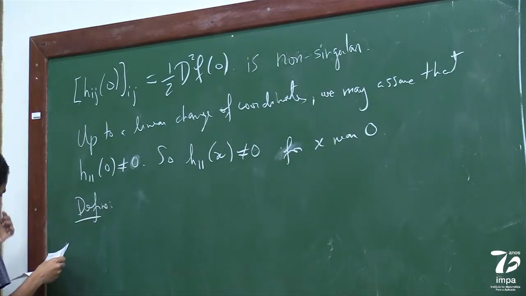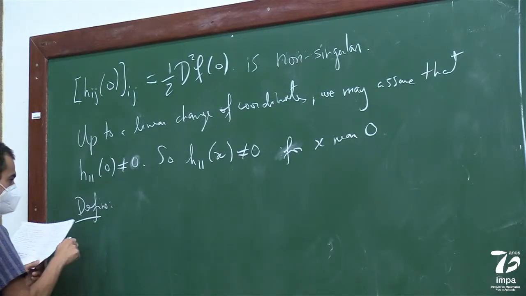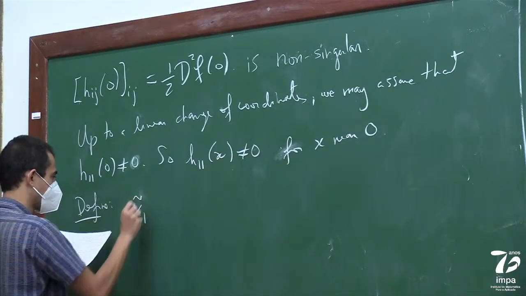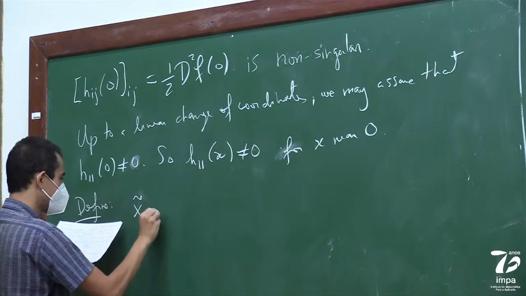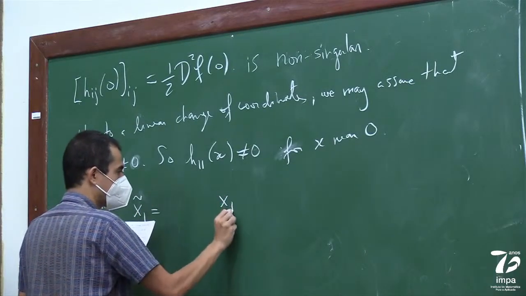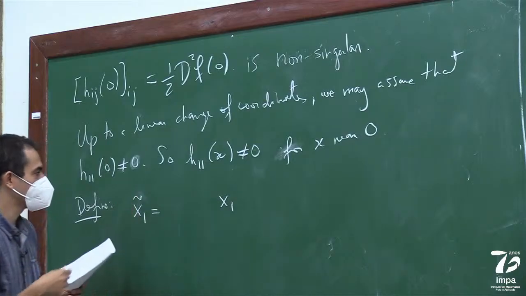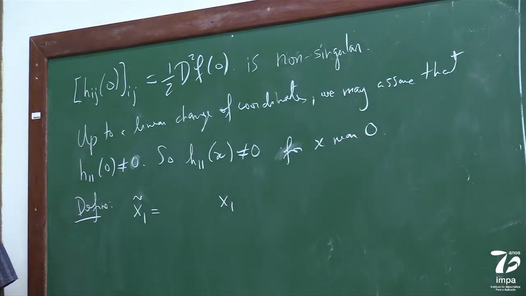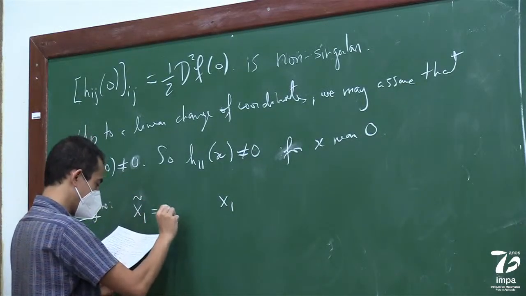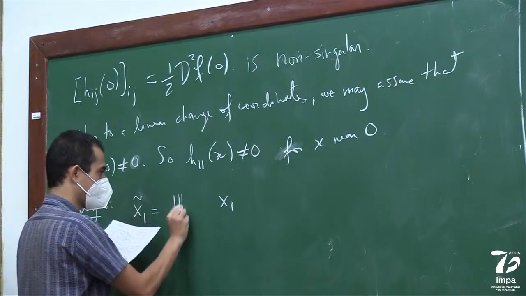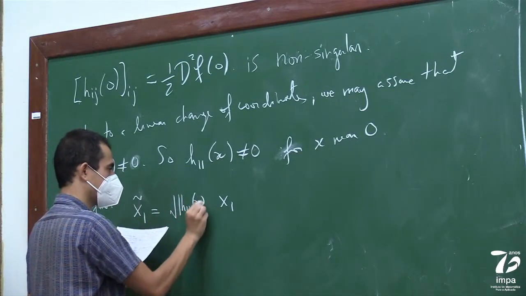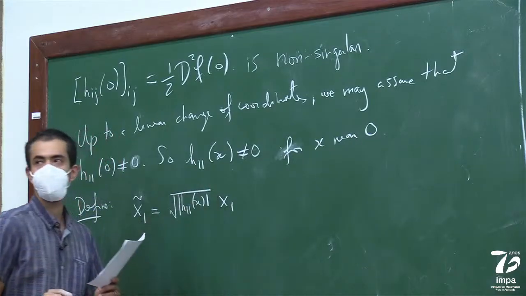You can kind of do it by hand actually, it's not that hard. You define x1 tilde to be, so I know x1 has an h11 in front of it, so when I square it, I want to look at the square root of the absolute value of h11, square root.